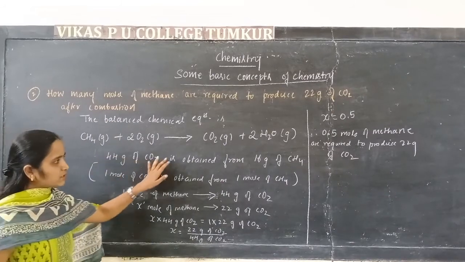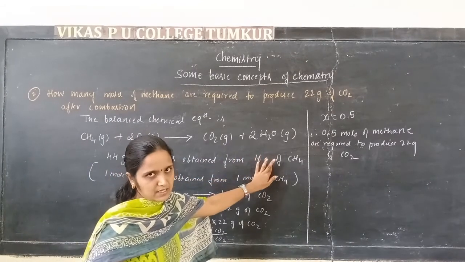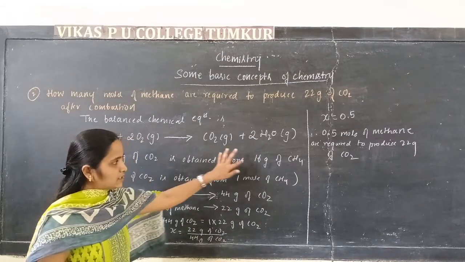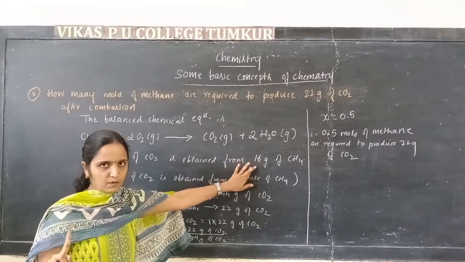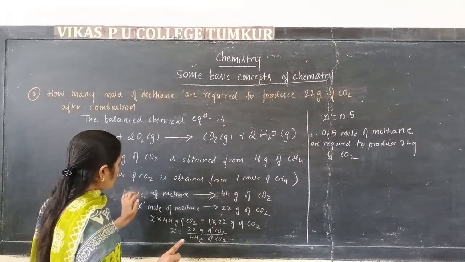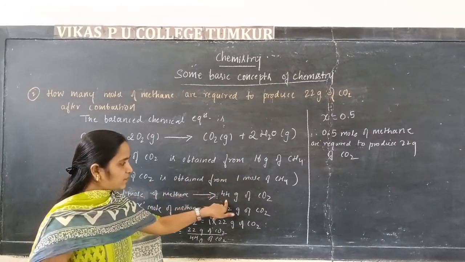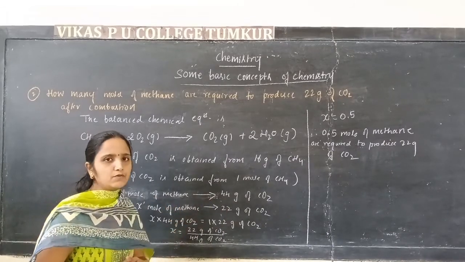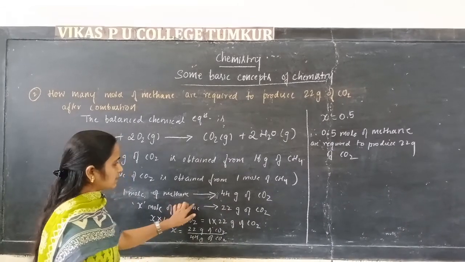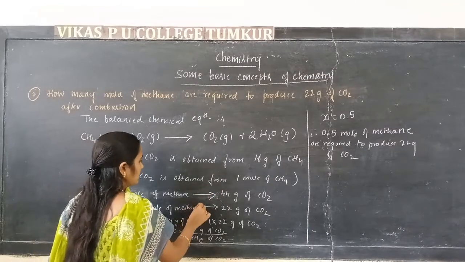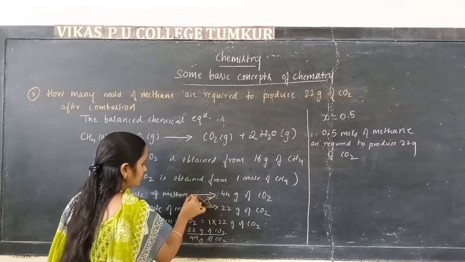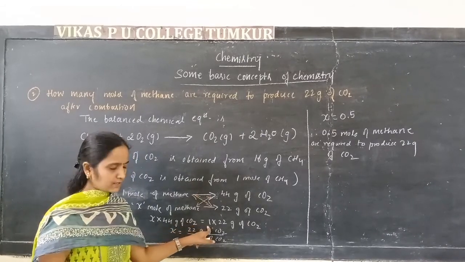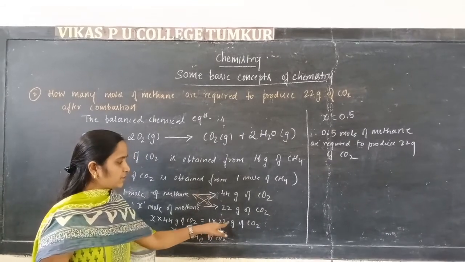44 gram of CO2 is obtained from 16 gram of CH4. It means 44 gram is 1 mole of CO2, and 16 gram of CH4 is 1 mole of CH4. Then 1 mole of methane gives 44 gram of CO2, and x mole of methane gives 22 gram of CO2. Cross multiplying, we get x into 44 gram of CO2 is equal to 1 into 22 gram of CO2.